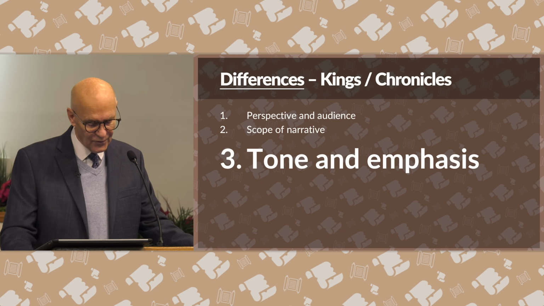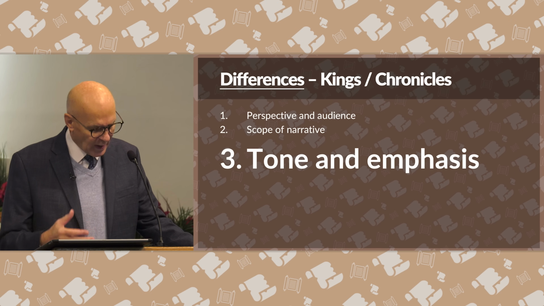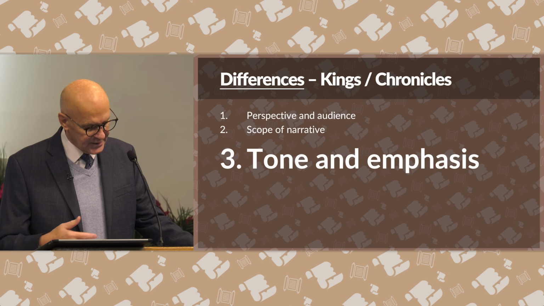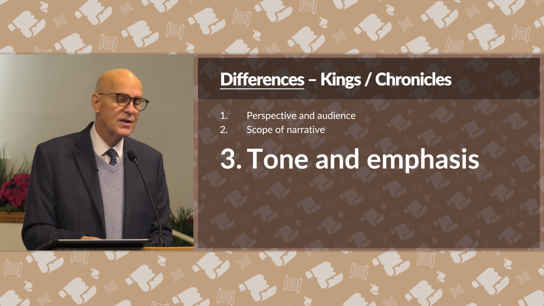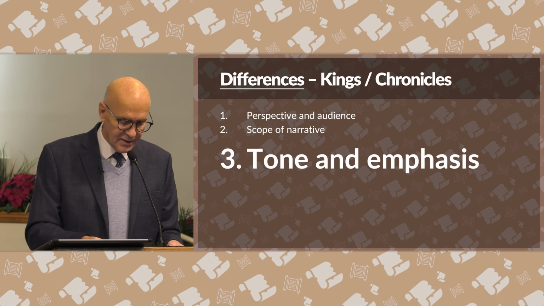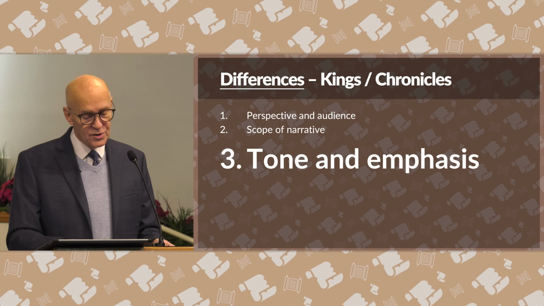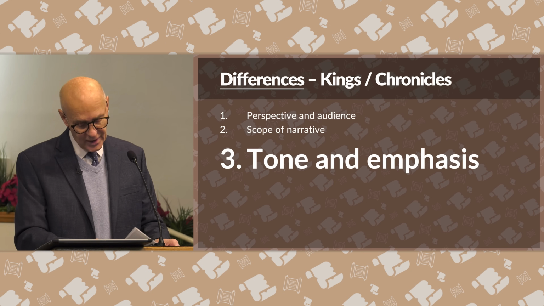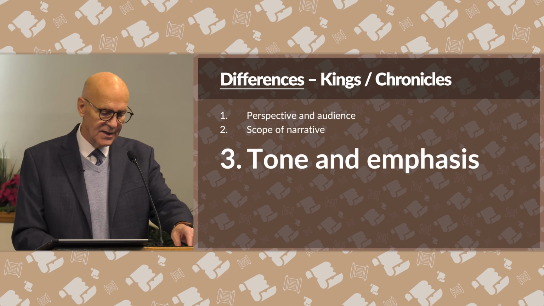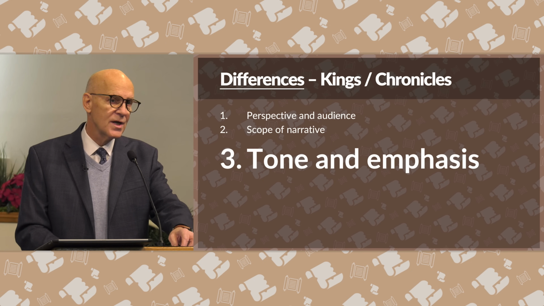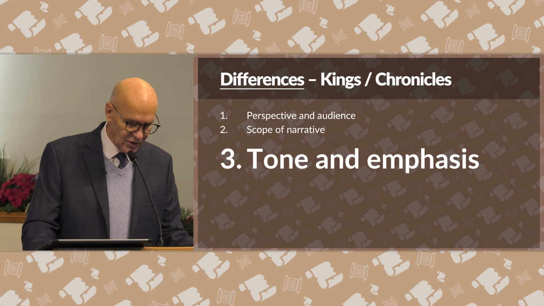Chronicles' tone reflects its intent to inspire the post-exilic readers with a sense of continuity and divine purpose. They needed encouragement after returning from exile, and Chronicles was meant to provide that encouragement.